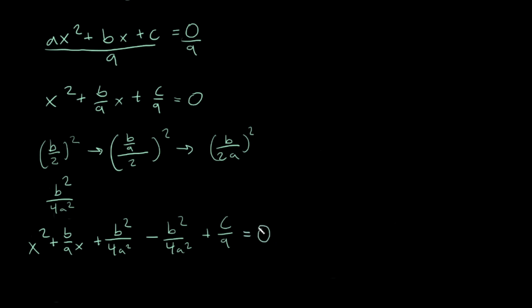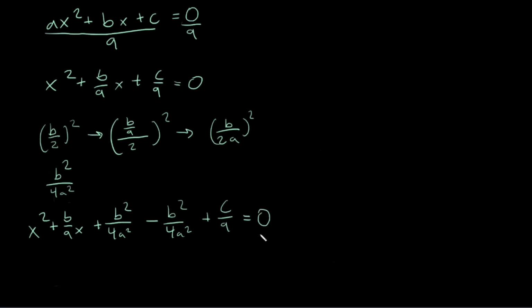Now this looks really complicated, but it'll start making sense pretty quickly. So, like we did before, this is our perfect square trinomial, so we'll simplify it down. Now this just becomes x, and since it's plus, we say plus, and then the square root of this, which is b over 2a, squared.